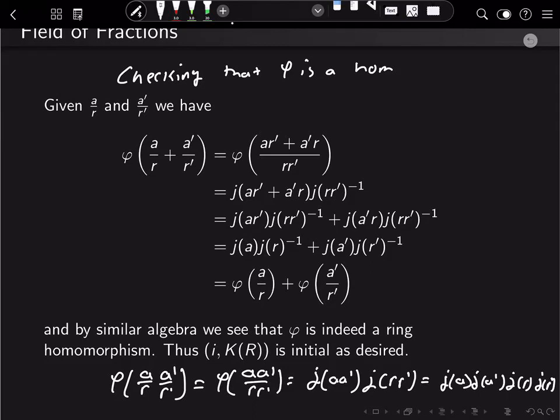So this is indeed, oops, this should be inverse, and this should be inverse here, and there should be an inverse here. By rearranging the terms, we could see that this is indeed a ring homomorphism. So this shows that the pair I, K of R is initial, as we wanted to prove in the first place.